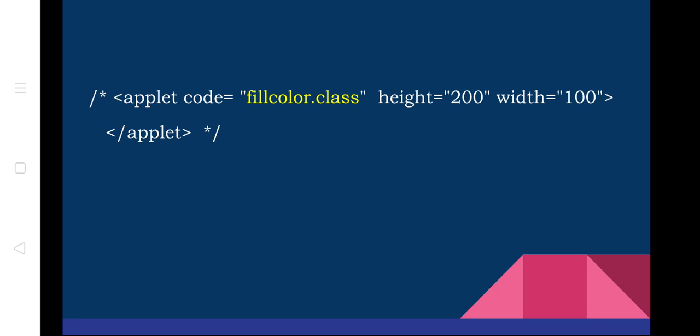Then what is the height and width of the applet screen? Height is 200 and width is 100. We can set any values for this height and width of the applet screen, and you have to close the applet tag. It is a paired tag, with opening and closing tags, and in this applet code we are going to set the class. FillColor is the file name used, and that is the class name also.